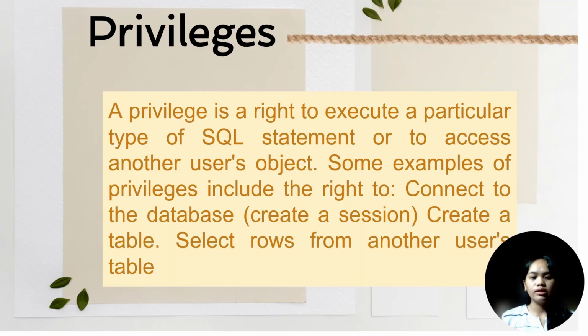So privileges. A privilege is a right to execute a particular type of SQL statement or to access another user's objects. Some examples of privileges include the right to connect to the database or create a session, create a table, and select rows from another user's table.